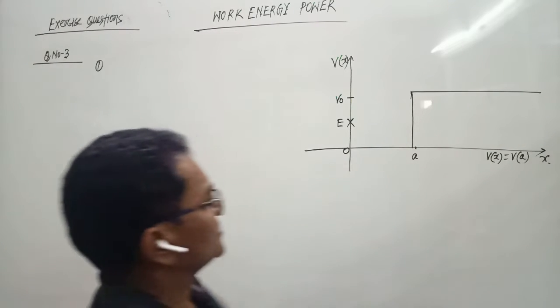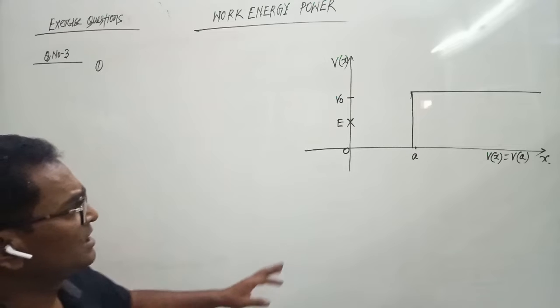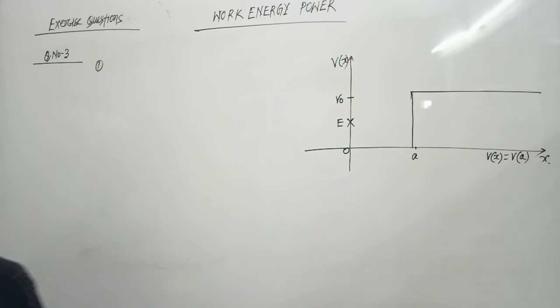At x equals a, V(x) equals V_a. So in this case, we have to find the region where the particle cannot be found for the given energy. Also indicate the minimum total energy the particle must have in each case.